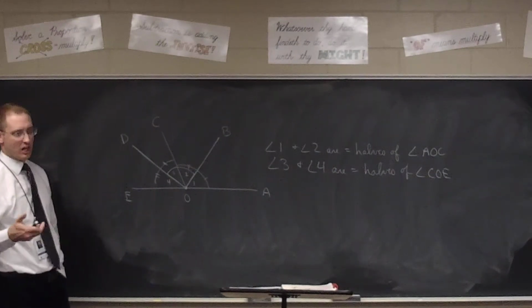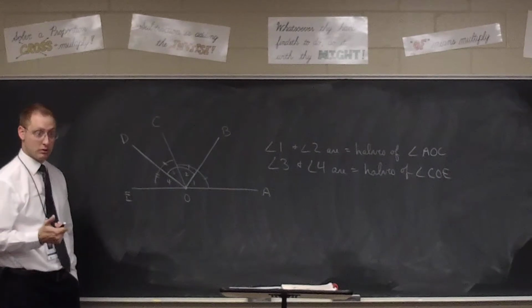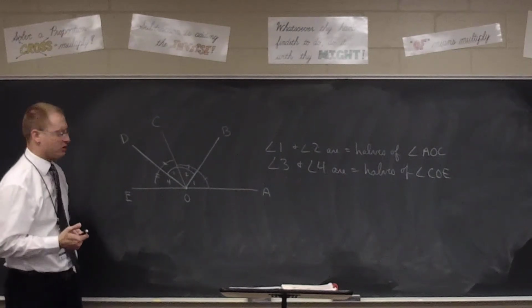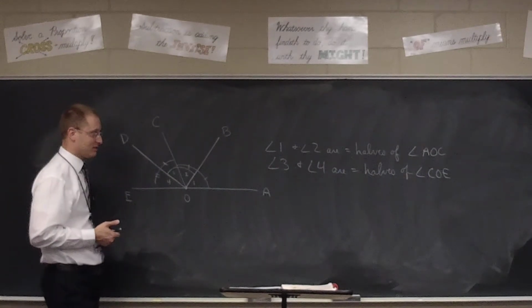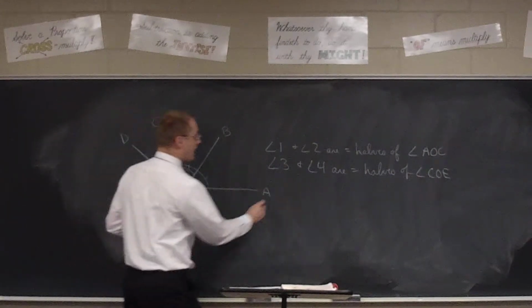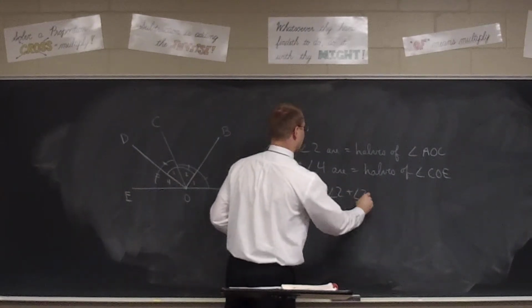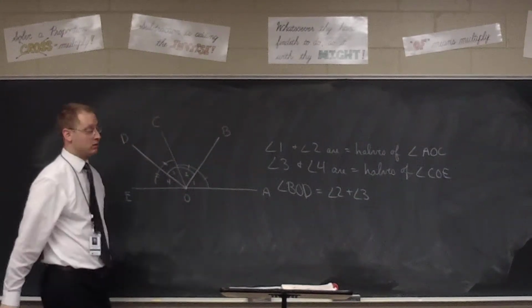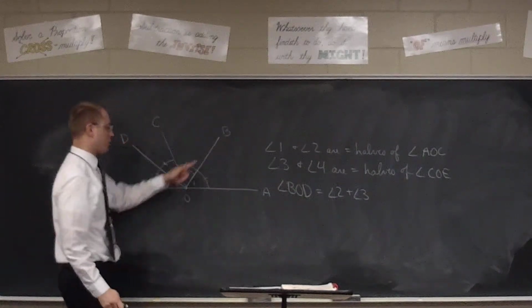What does it consist of? 2 adjacent angles. Which are? DOC and COB. Let's use numbers, they're easier. Angles 3 and 2, right? Angle BOD is equal to angle 2 plus angle 3. How do we know that?